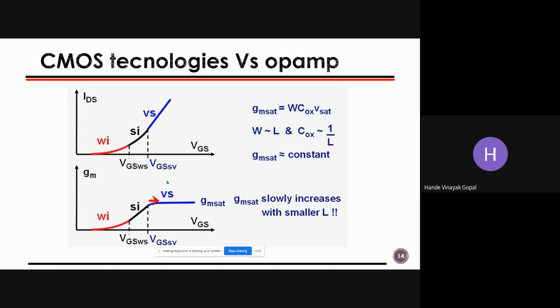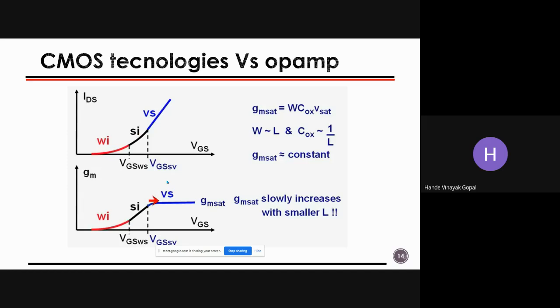Generally people are very much worried about the power consumption, for example in designing handheld equipment like mobiles or some biomedical applications, where people want to sense something and amplify it. Designers generally work in that particular region where red and black intersect, so that you get the higher gm, actually we are working in weak inversion.